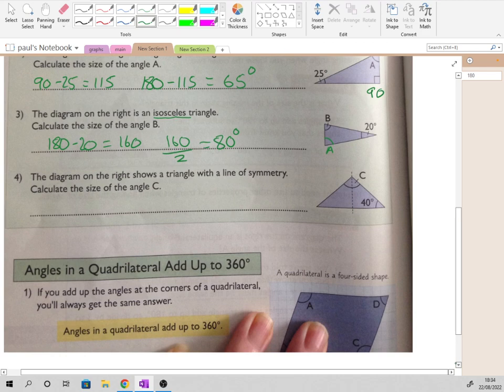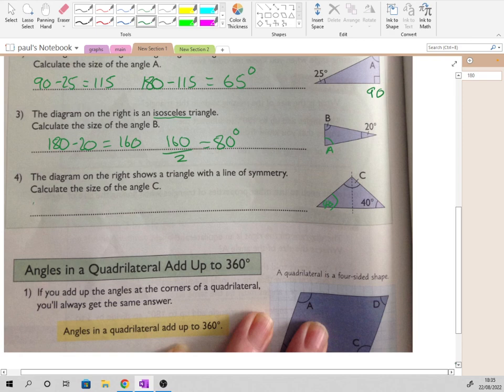And the diagram on the right shows a triangle with a line of symmetry. That means that the left-hand side is a mirror image of the right-hand side. Calculate the size of angle C. Now, if this one is 40, then this one is 40 as well.